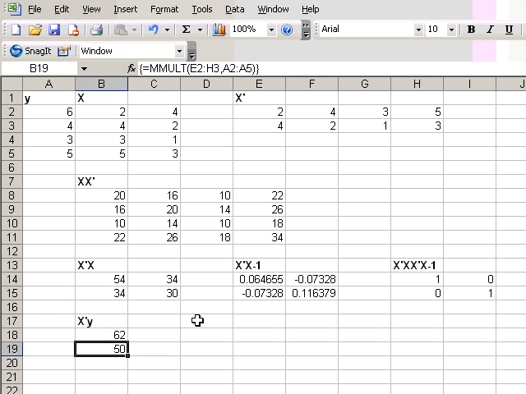Basically, to find those, I will multiply x prime x inverse times x prime y. And I will do that right here. Because x prime x inverse is 2 rows and 2 columns, and x prime y is 2 rows and 1 column, the result will be 2 rows and 1 column.